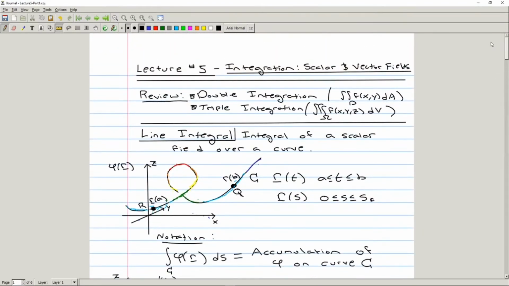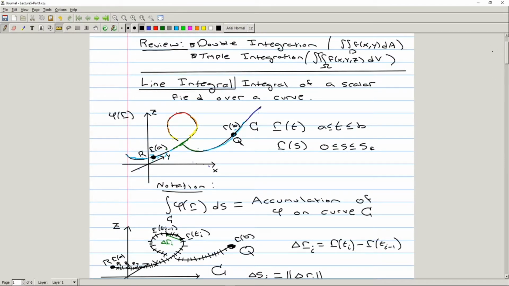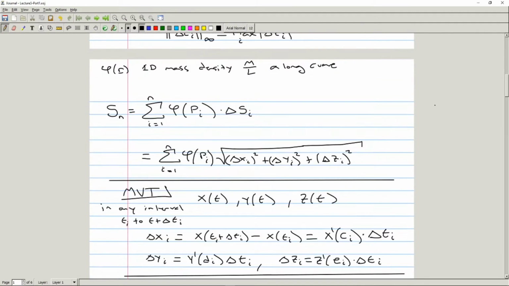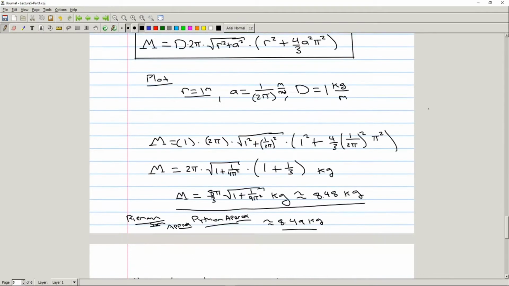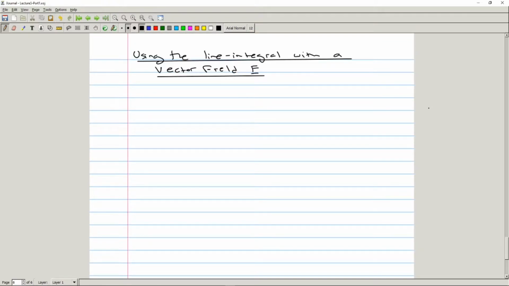It's important to mention that this function phi that we're integrating is a scalar function from three-dimensional space to R. It's valued in the real numbers. Then we move into defining the line integral of a vector field, where F is a vector field, a mapping from three-dimensional space into three-dimensional space.